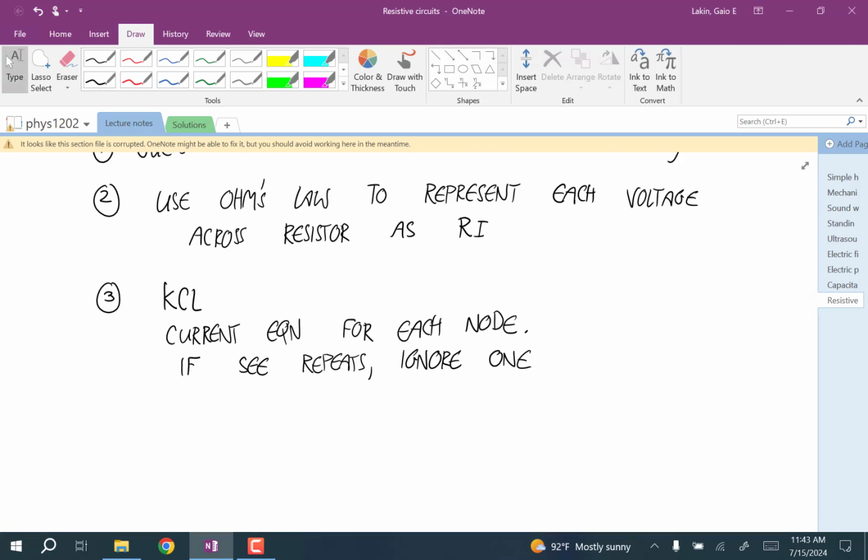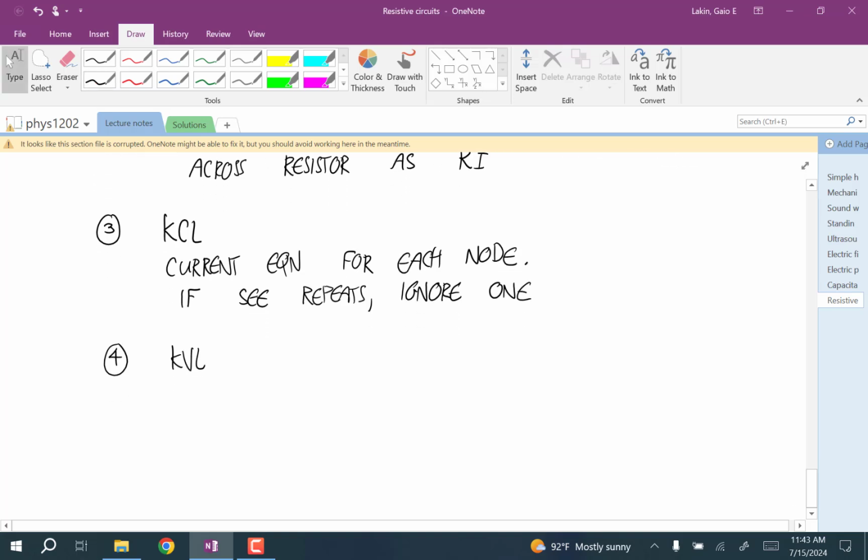And then finally, we'll use Kirchhoff's voltage law, and that'll give us any additional equations we need. So this will give us the rest of the equations that we need to solve the circuit.